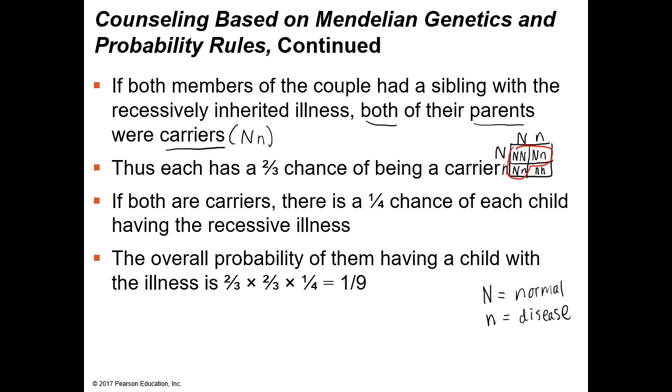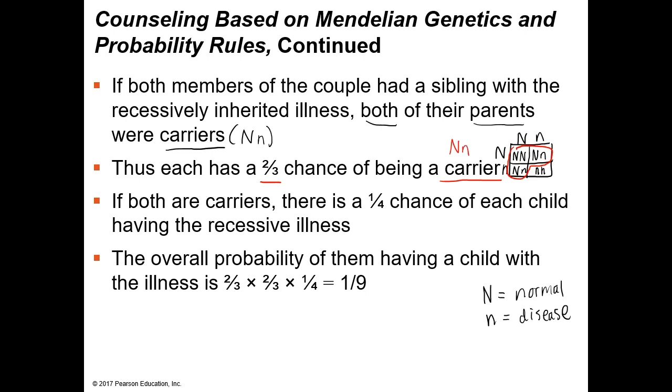So two of them are going to be heterozygous, so the chance is 2 out of 3. So thus each has a 2/3 chance of being a carrier.